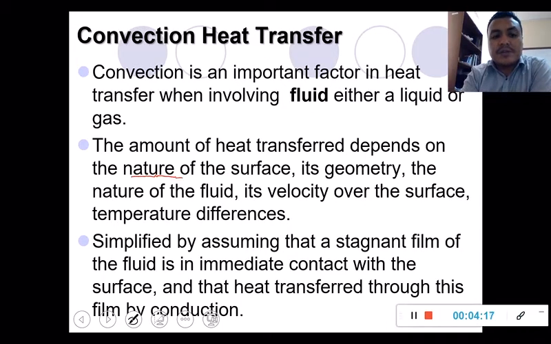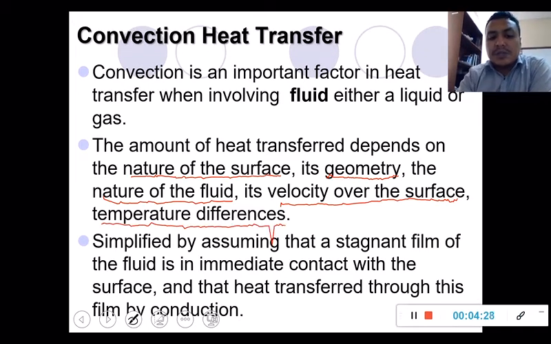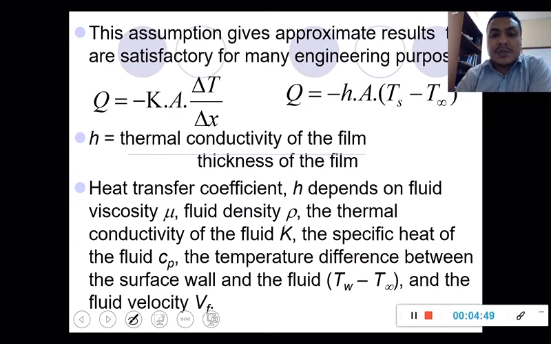I think you already know that one of the important parameters for heat transfer is the temperature difference. We simplify by assuming that a stagnant film of the fluid is in immediate contact with the surface and the heat transfers through this film by conduction. This assumption gives approximate results that are satisfactory for many engineering purposes.